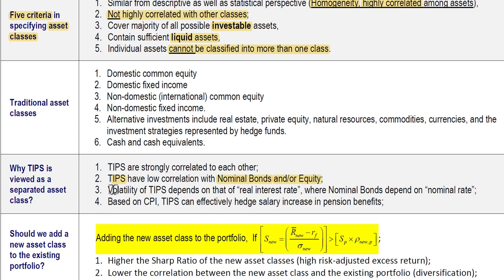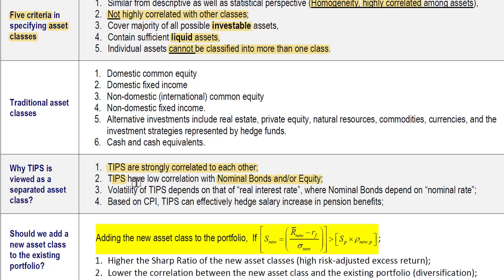Why? Okay, first criterion: TIPS are strongly correlated to each other. TIPS is very unique because it's an inflation protected security. So the different types of TIPS, different maturities, different nominal values, all those TIPS are strongly correlated. That's one. So it's subject to high correlation inside the class.